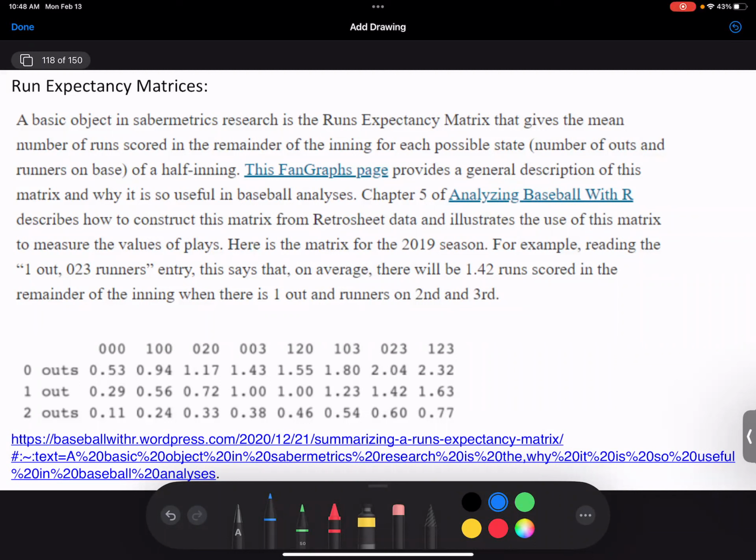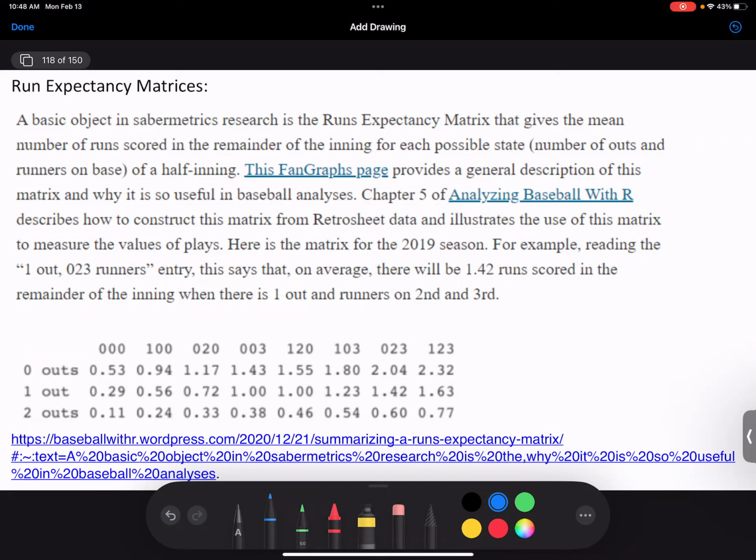Do we know what the average number of runs scored in an inning is by looking at this? So can you look at the, yes? It will just be 0 outs, no. Yeah. Right. Shouldn't this be the average number of runs scored?